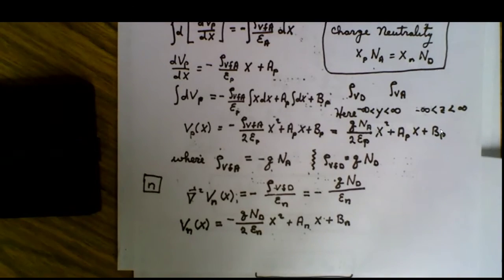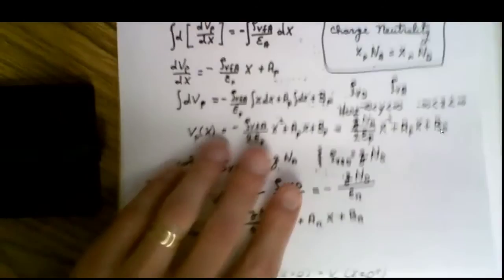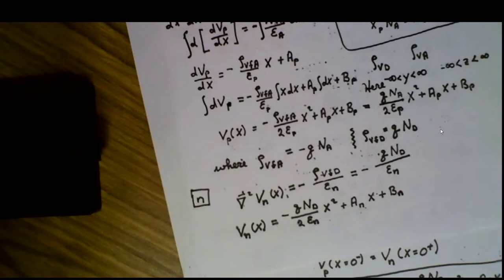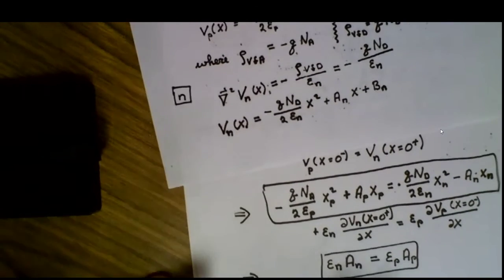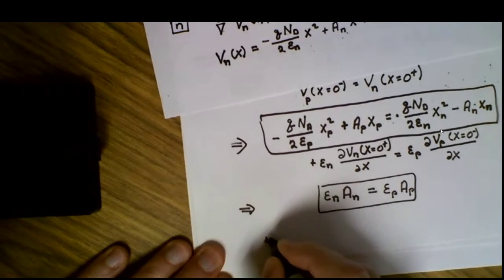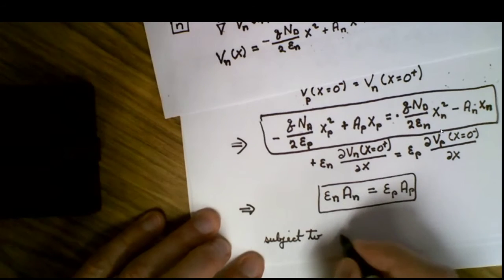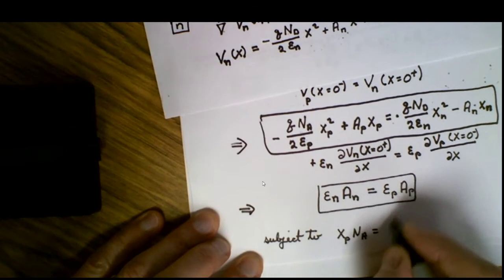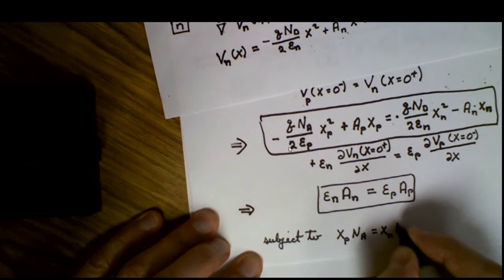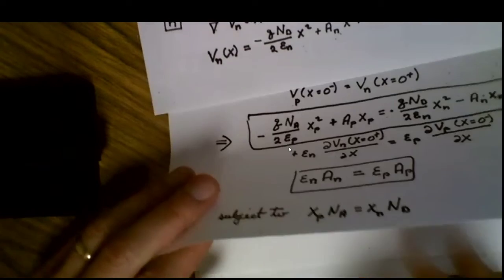So consequently, satisfying this equation and this equation, subject to the condition that x sub p times n sub a is equal to x sub n times n sub d, this is what we get for the potential.